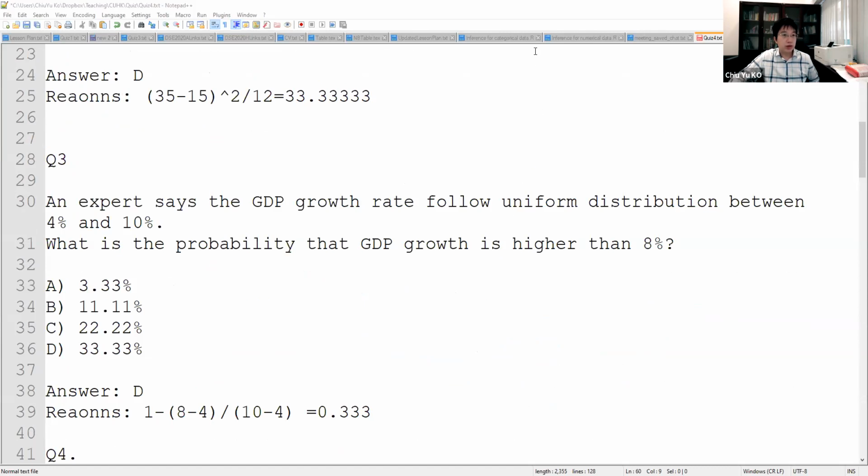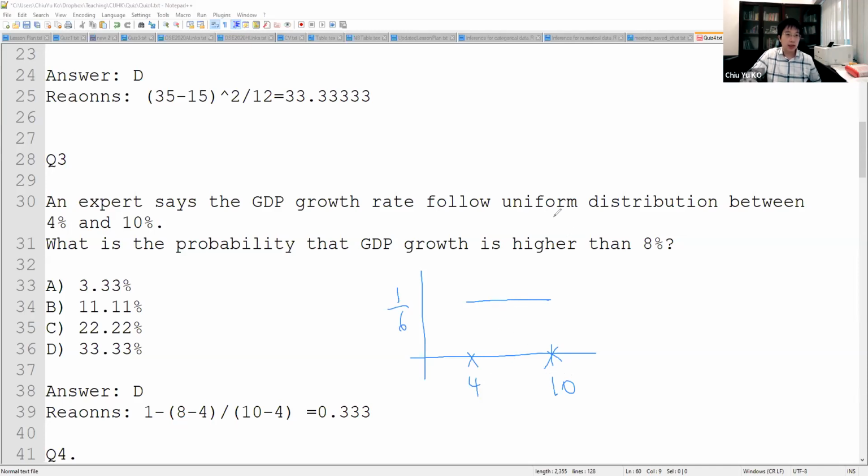This one is GDP growth, right? And again, we are relying on a uniform distribution between 4% and 10%. The difference is 6, so the height is 1 over 6.